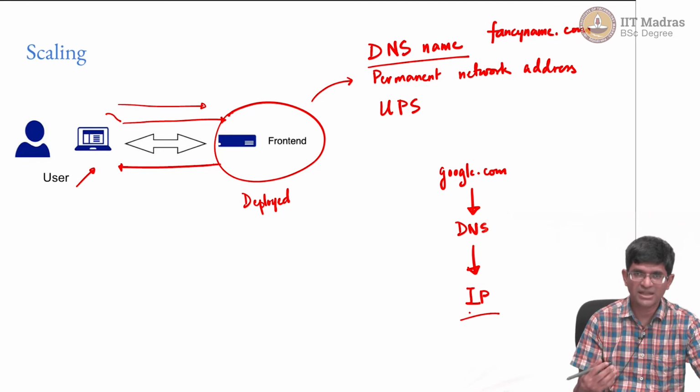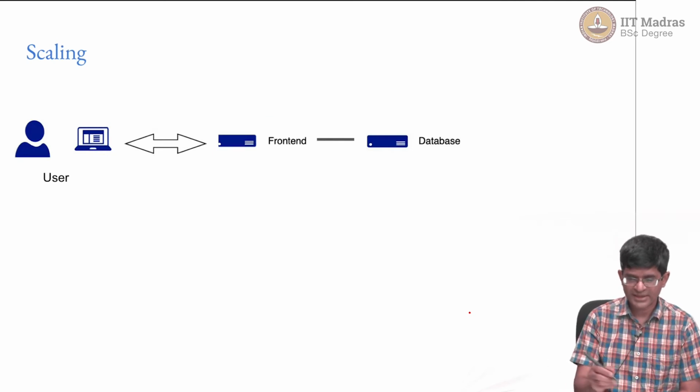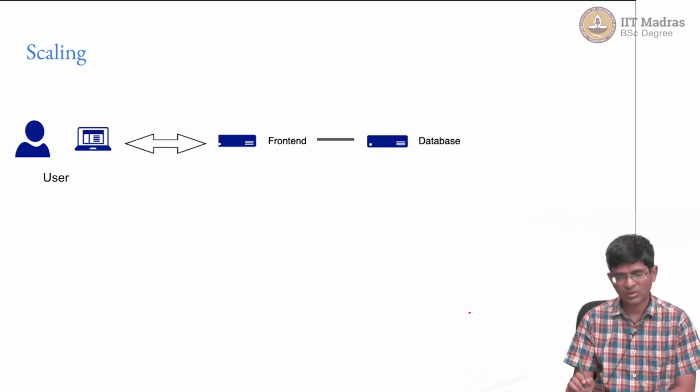So this is just a single person connecting to a single server, right, no problems there. Now the server itself, you might want to expand it. Why would you want to do that?